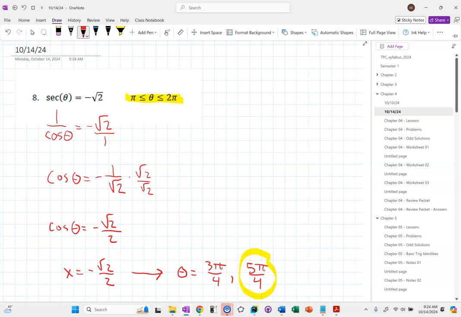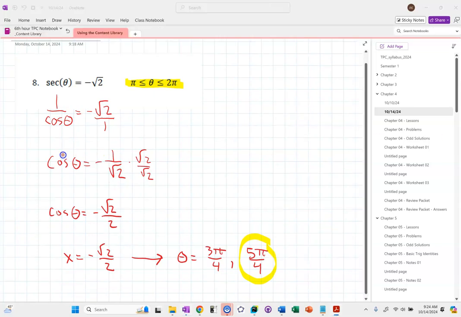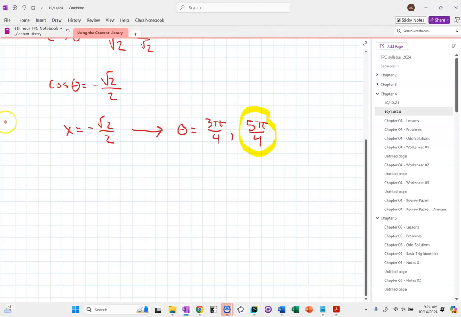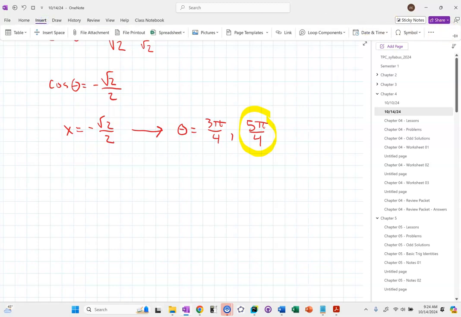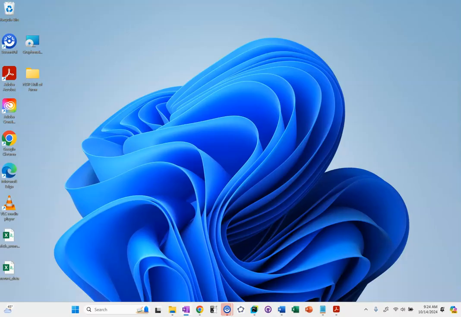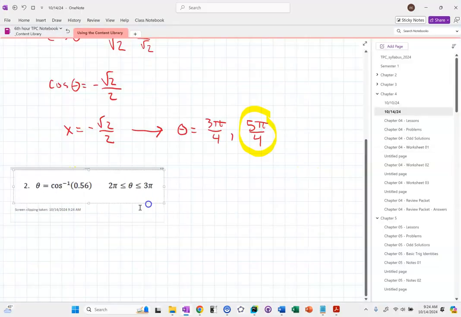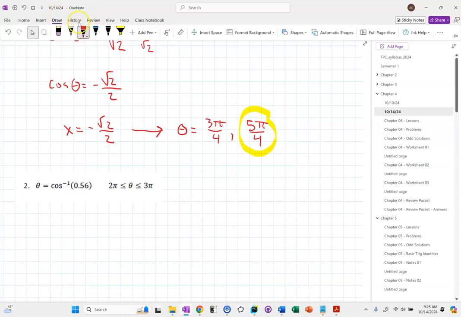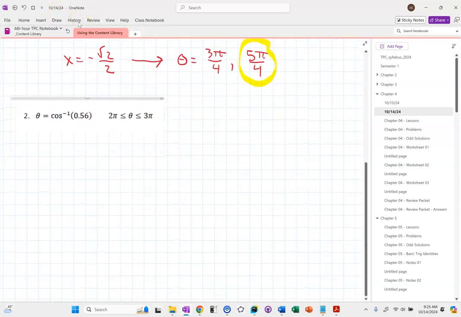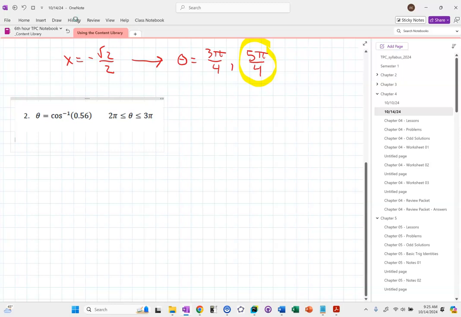Worksheet 2, number 2. So here we're wanting to find cosine inverse of 0.56 with an answer between 2 pi and 3 pi. So I'm going to start by drawing my picture.